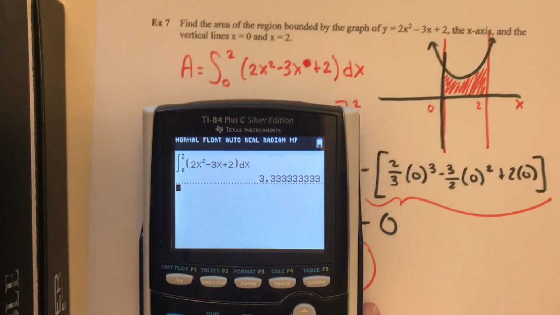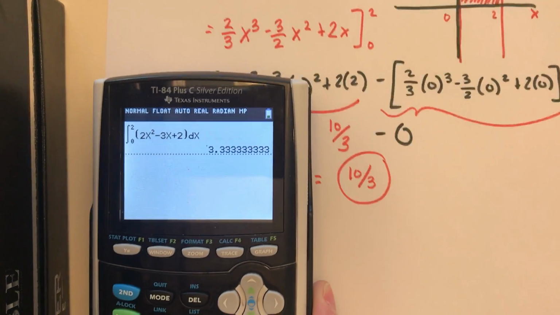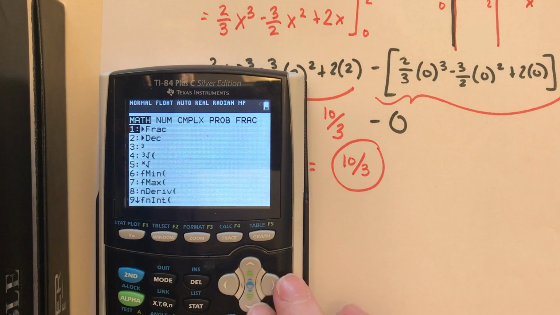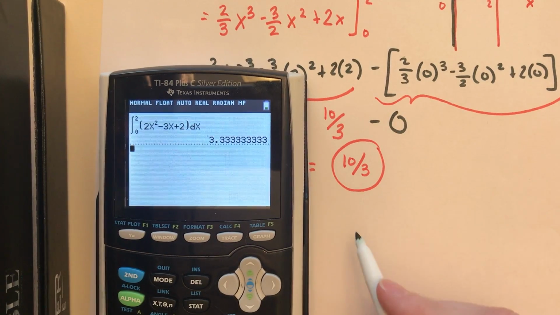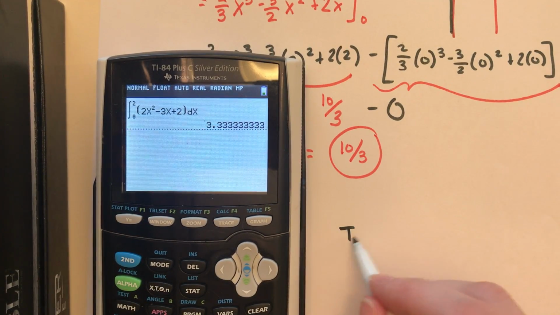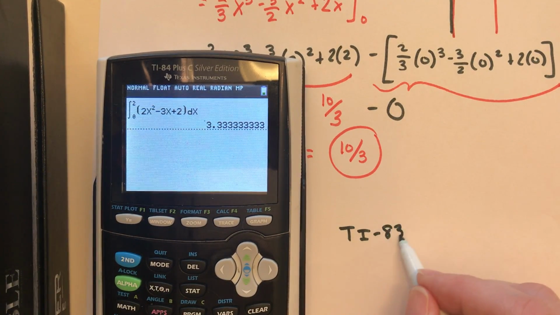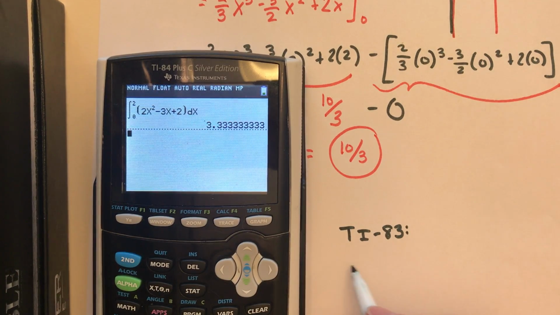Now, if you have the 83, you're going to type it in the same way. So you're going to go to Math, and then Function Integral, but it's not going to have the fancy integral come up. So if you have the TI-83, this is how you're going to do it. It's going to pop up with a function integral like this with parentheses.